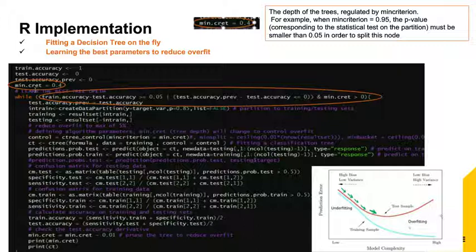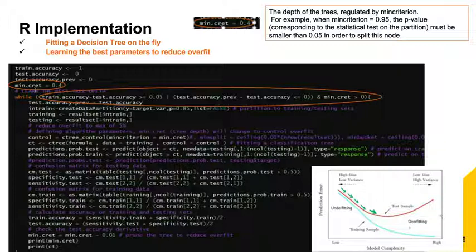We do it randomly with the createDataPartition function from the caret package. And after we do this, we pass to the ctree function, which is in charge of building the tree, the mean criteria argument, the mean criteria that is currently selected in the current iteration.